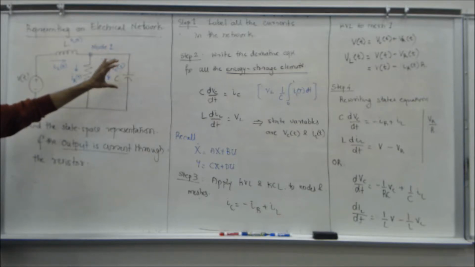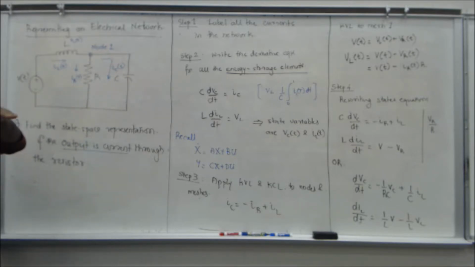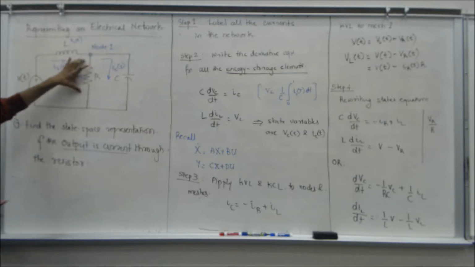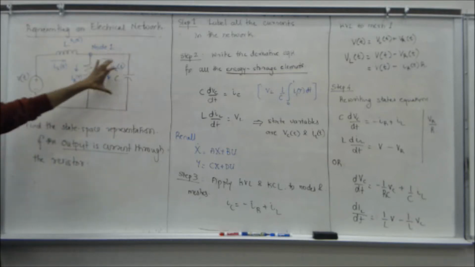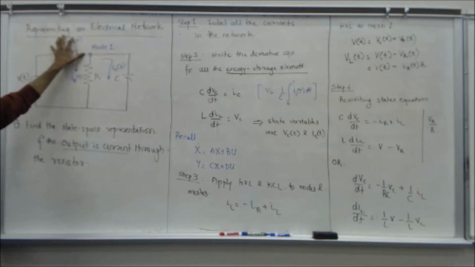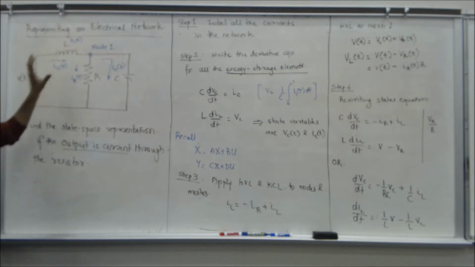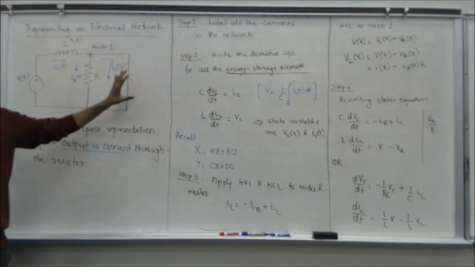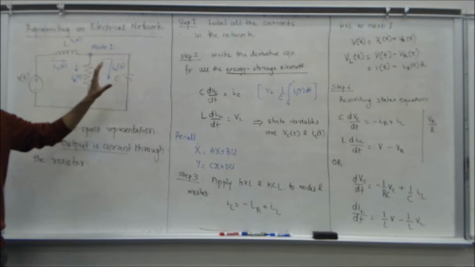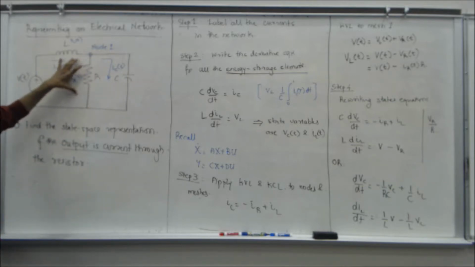Voltage, when it is applied in parallel, doesn't get split. This voltage gets split into this and this. But these two are in parallel, right? So this voltage is the same as this voltage. Whatever voltage you're applying here is the same as this and this. The same voltage gets applied to this point and this point. The potential difference is the same. So VR essentially is the same as VC.